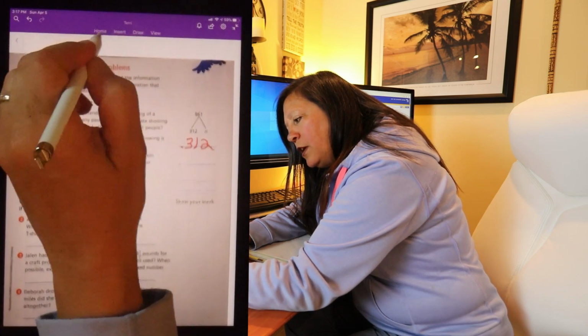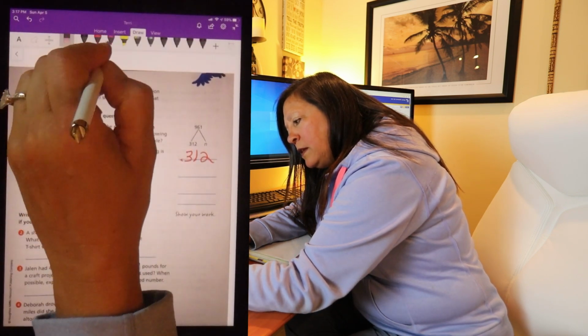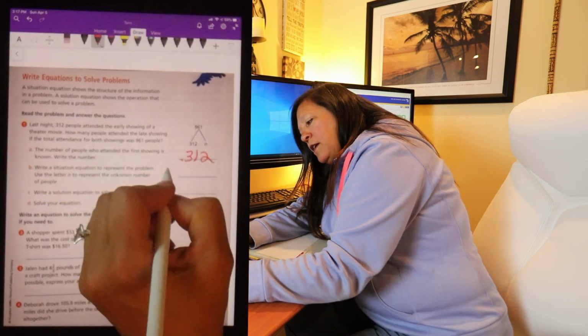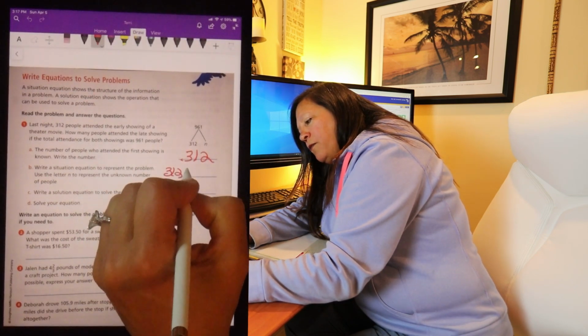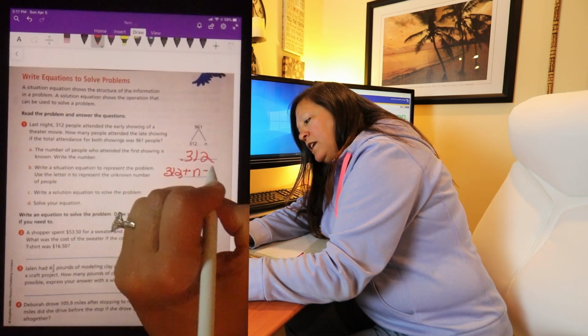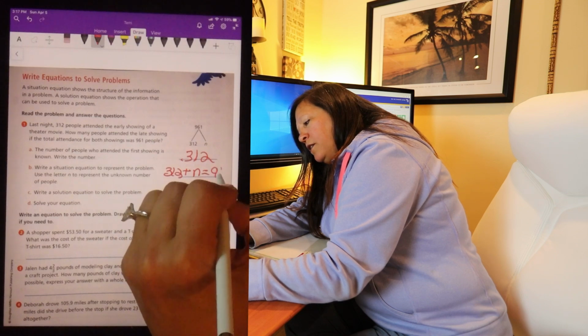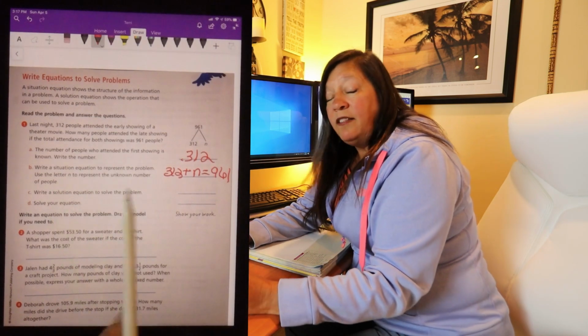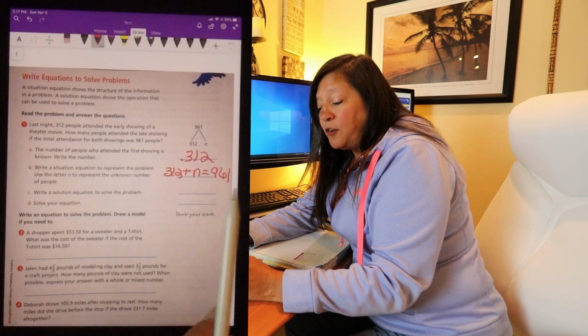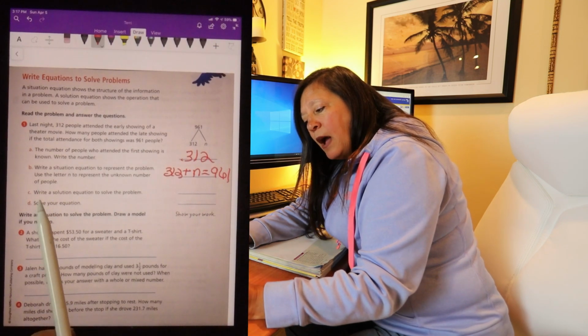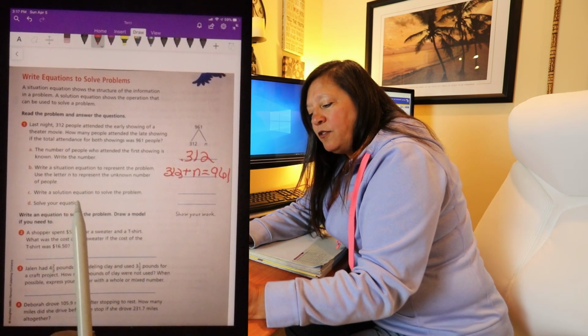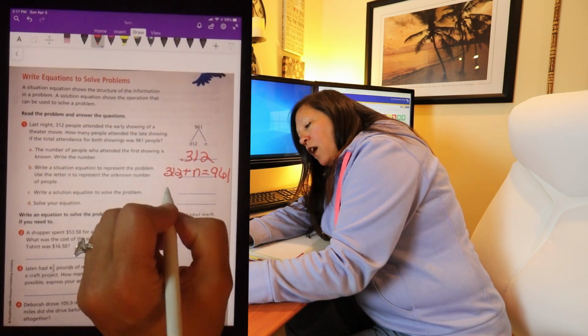So our situation is that there is 312. Oops, gotta get my drawing on. Choose my color. 312 plus something equals 961. Okay, that's our situation equation. That's the information we know. But now we have to solve that. So the solution equation, how do I solve that?